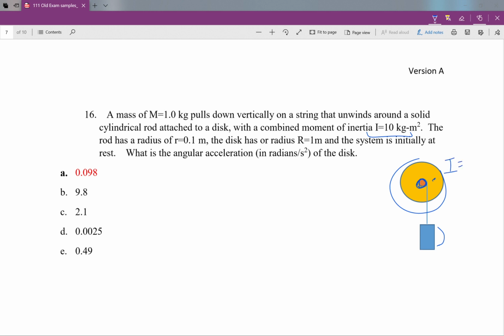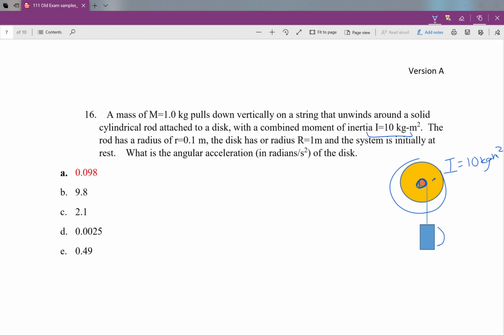That's important to keep in mind, because it might be confusing at first. The rod has a radius of 0.1 meters and the disk has a radius of 1 meter. The system is initially at rest. What's the angular acceleration of the disk?